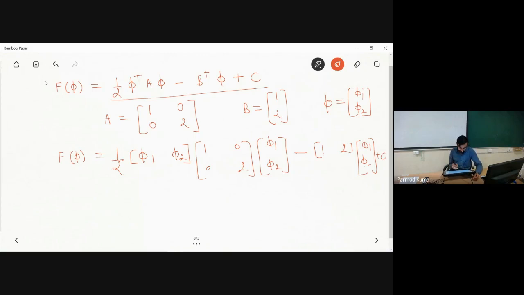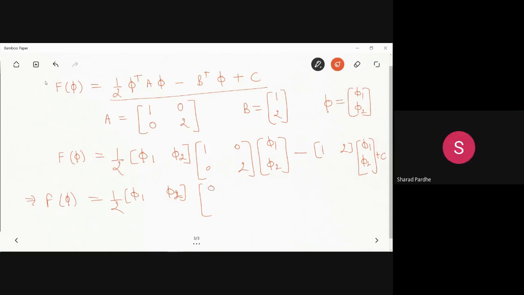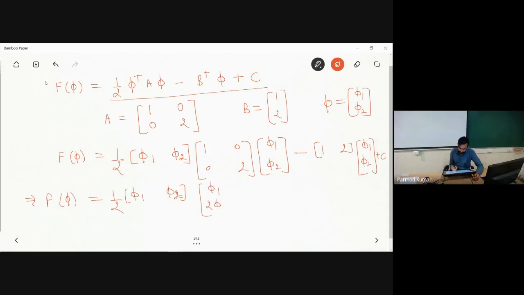Now, can you tell me what I'll be getting after the multiplication? After the first multiplication, keeping phi 1, phi 2 only, it will be phi 1, phi 1 and 2 phi 2. Clear?